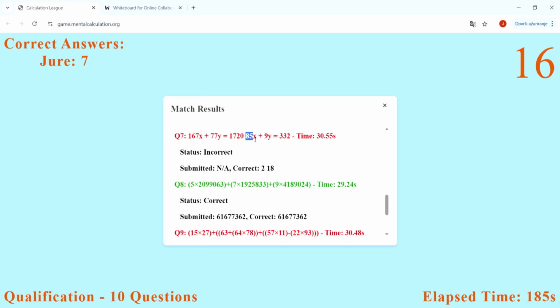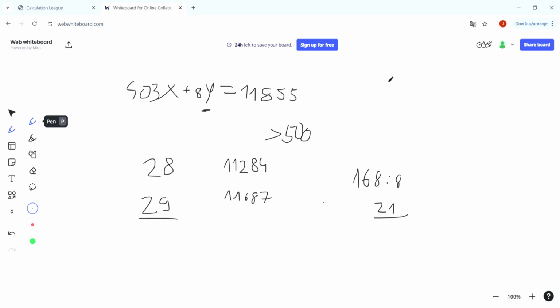Yeah, okay, my mistake was when I tried, I saw that this number is pretty much larger than this. So when I had 85x plus 9y, I first tried 4 and it's too large, you get 340.